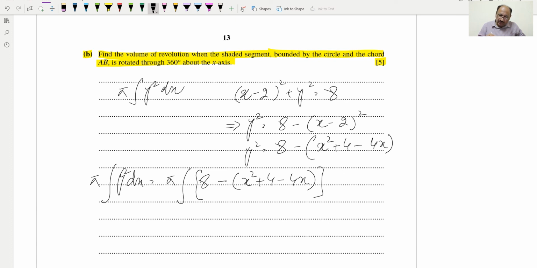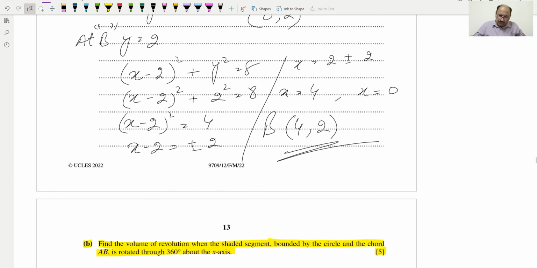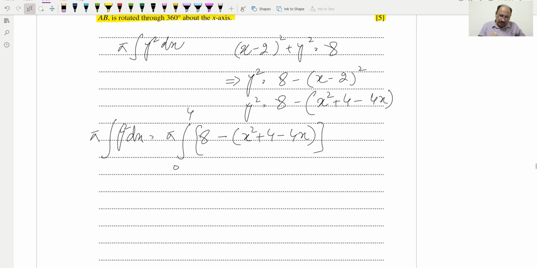The integral we can take from 0 to 4, because from here we can check the x value is varying from 0 to 4. So we can integrate.